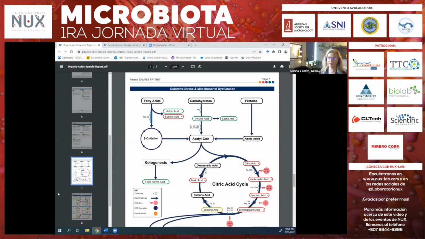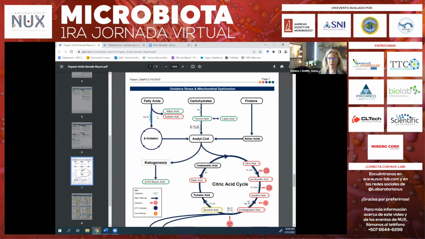So here at the top on the left, the preferred pathway for fats is to proceed through the carnitine fatty acid shuttle, and that's represented here by the blue sleeve, and then into the mitochondria, and then converted via beta oxidation into acetyl-CoA. Now, the less preferred pathway, when that occurs, we have the byproducts of adipic and suberic acid.